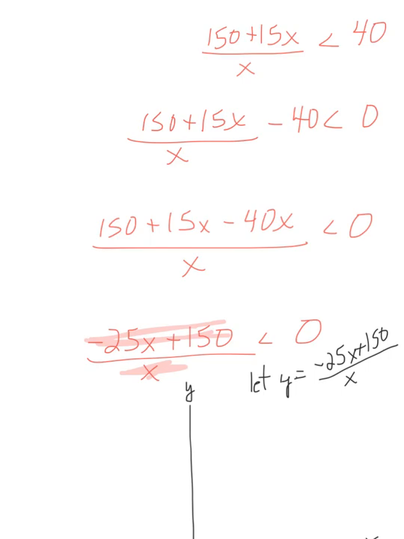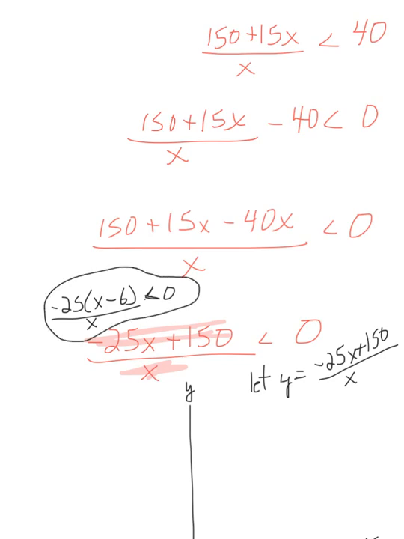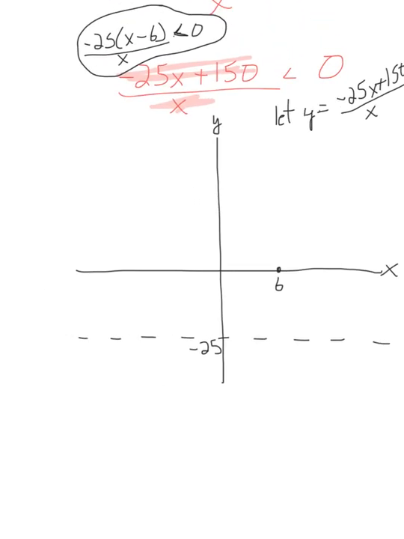Okay, let me rewrite this equation. I'm saying (negative 25x plus 150) over x is less than 0. That makes it easier. And if I do the division, just to remind you guys how to do these things: negative 25x plus 150 is a simple division.